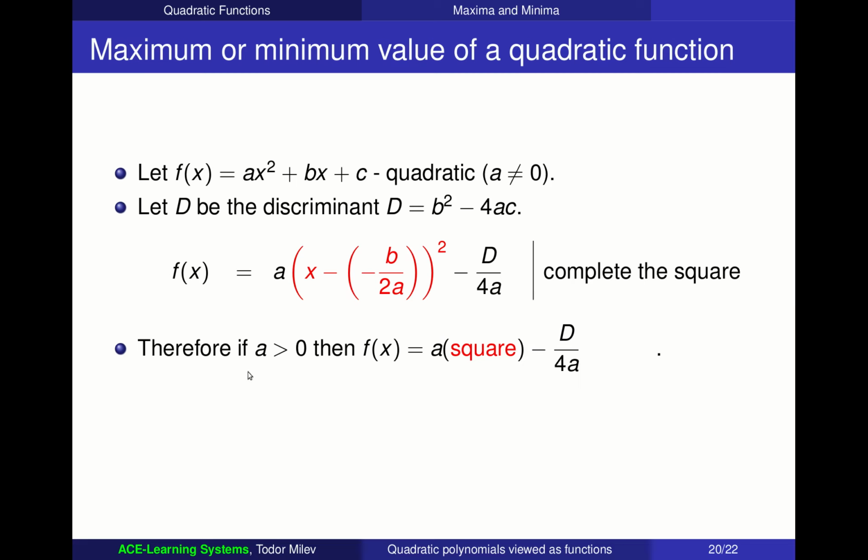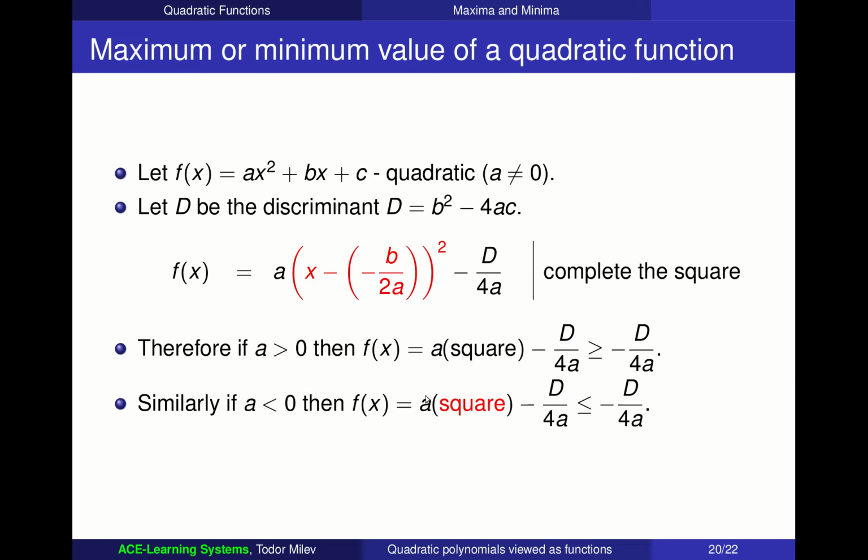The smallest that this quantity can be is when the square is equal to 0, because the square cannot be negative, so the smallest it can get is 0. So the quantity that I have boxed here can never drop below negative d over 4a.